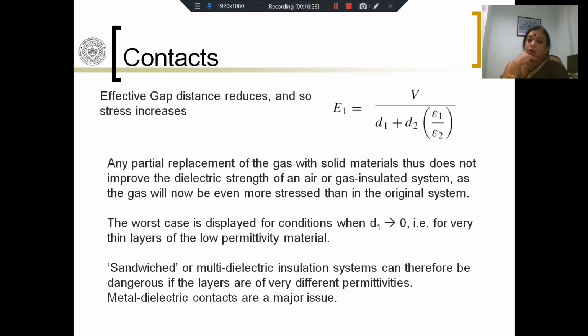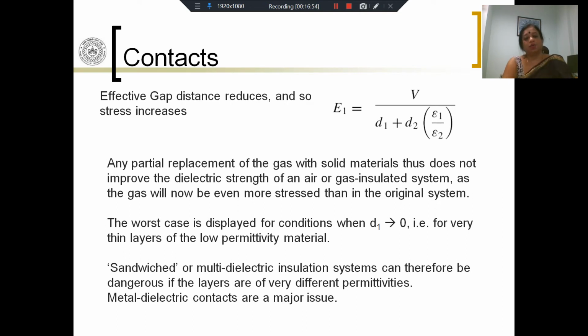This will possibly not improve the dielectric strength of an air or gas insulated system, because the gas will now become more stressed than the original situation. Of course, the higher permittivity material may not break down immediately or so easily, but the original low permittivity material, whether it is air or gas, will break down, will discharge, and that can lead to catastrophic failure of the whole situation.